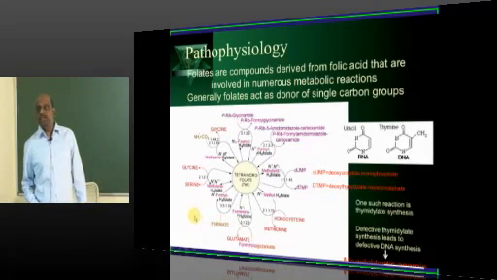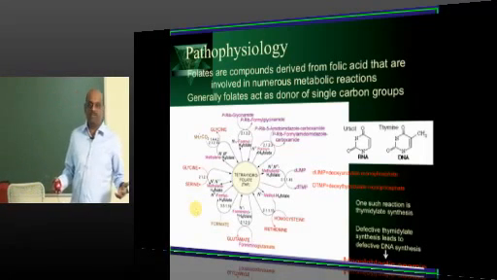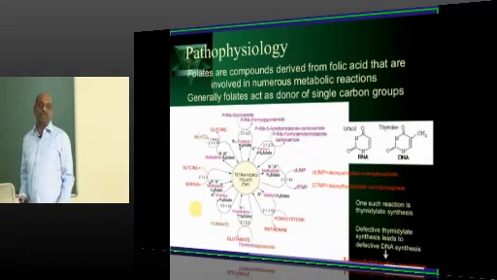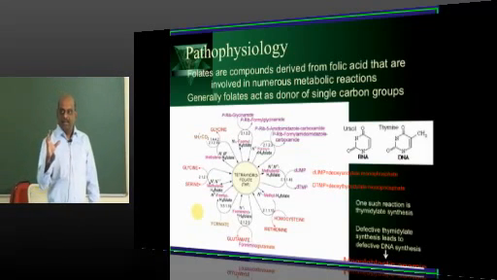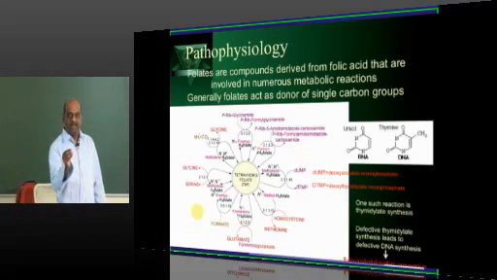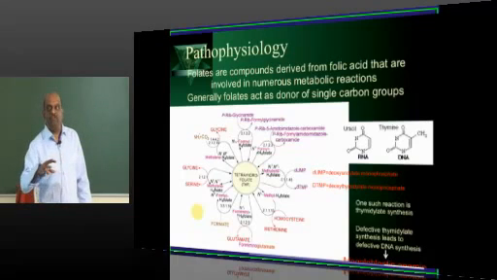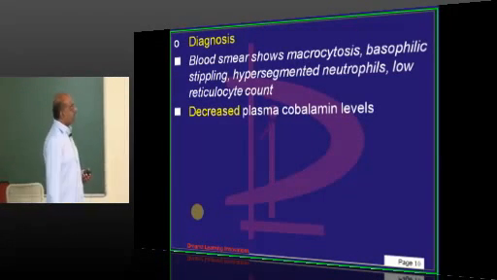That's the reason for the deficiency. What will happen? The nucleus doesn't mature because of the absence of DNA, but the cytoplasm matures. So the cell contains an abundance of cytoplasm with scarcity of nuclear content. So nuclear-cytoplasmic dissociation defines the megaloblast, which is what you need to remember.